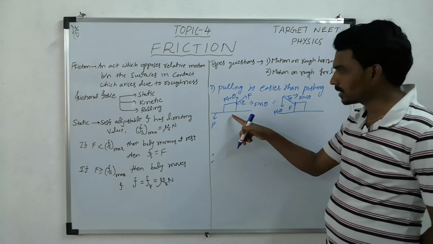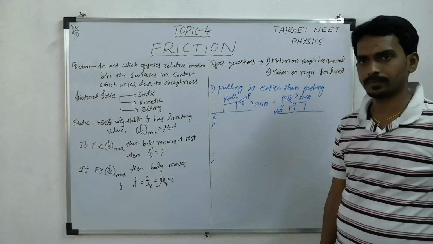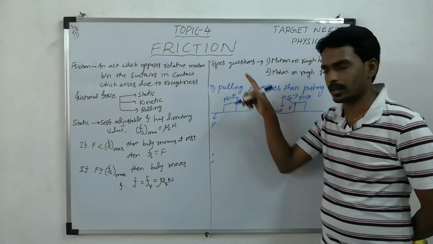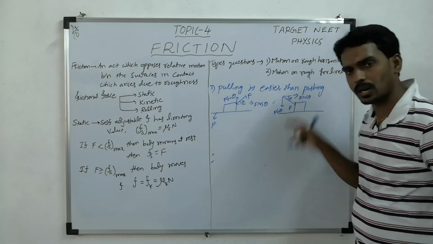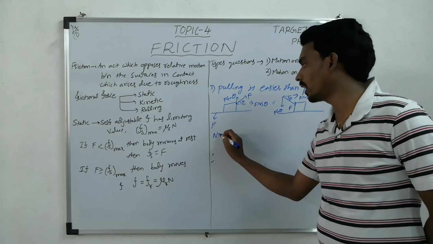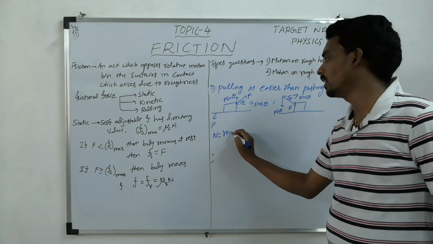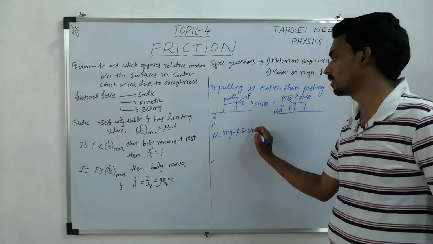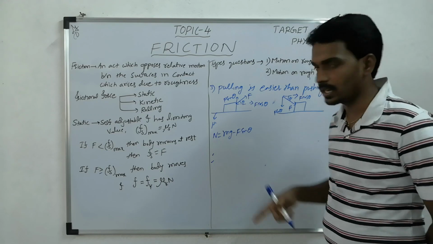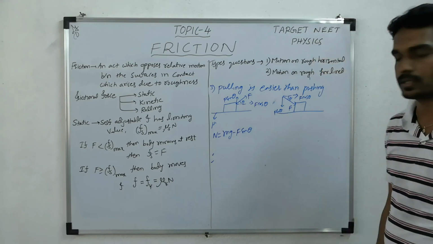But what is the difference between pulling and pushing? In case of pulling, the vertical component is upward. In case of pushing, the vertical component is downward. Then what happens? Here the normal reaction will become mg minus F sin theta, because normal reaction is up, F sin theta is up, mg is down. So N will become mg minus F sin theta.